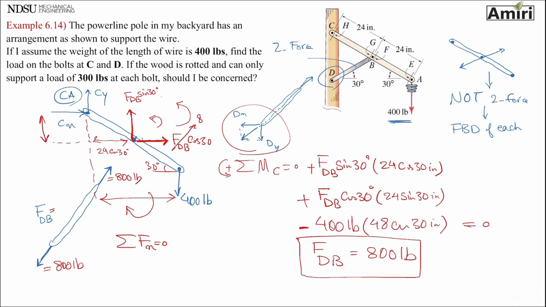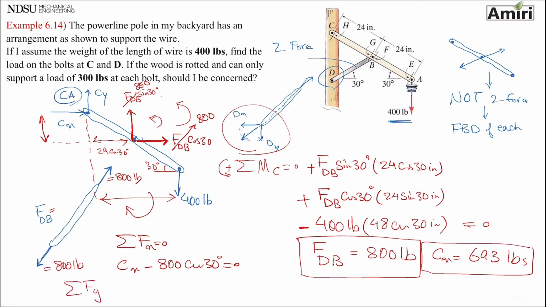F_DB is now 800. So Cx minus 800 cosine 30 equals 0. So Cx is 693 pounds.